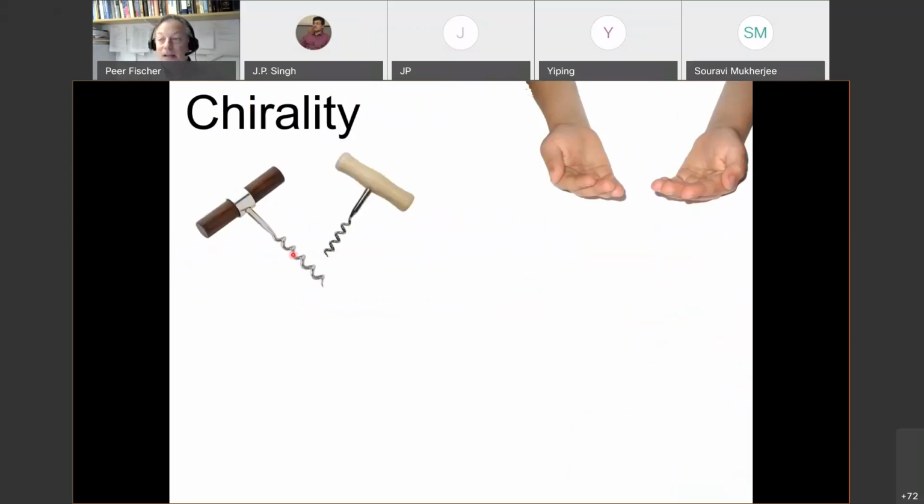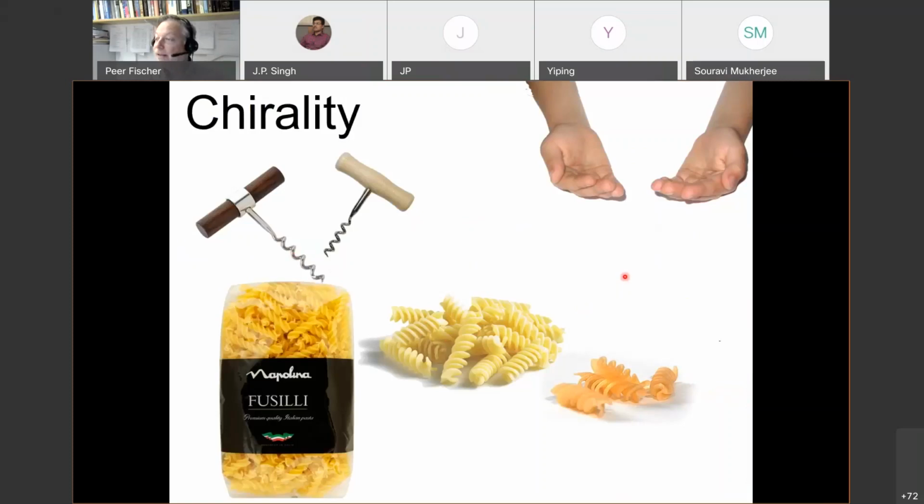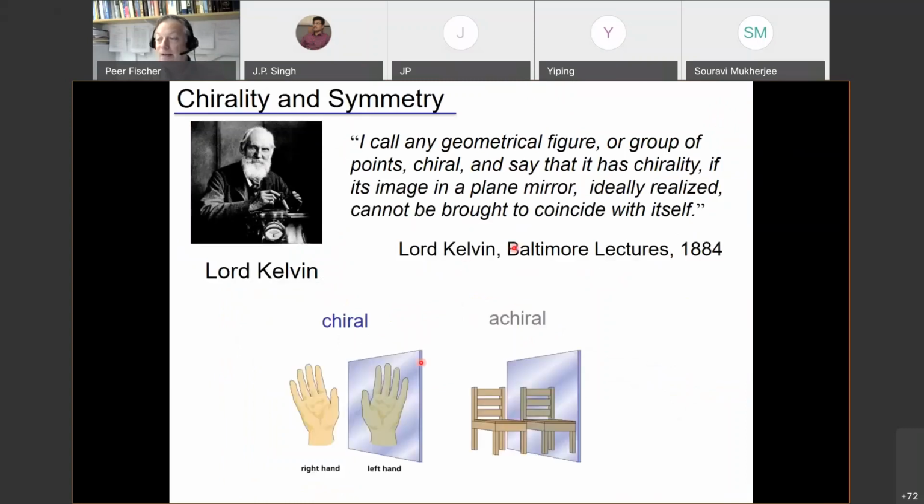Corkscrews can be left-handed or right-handed, and so can pasta, and many things in nature are left and right-handed. The definition comes from Lord Kelvin, and it basically means that if something is different from its mirror image, like the left hand and the right hand, then it is chiral.